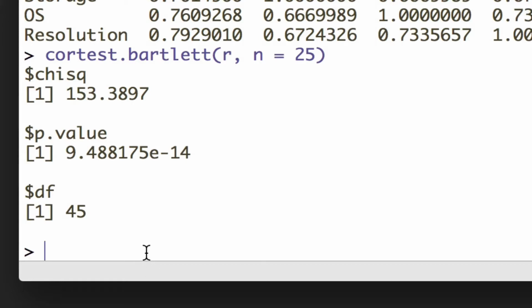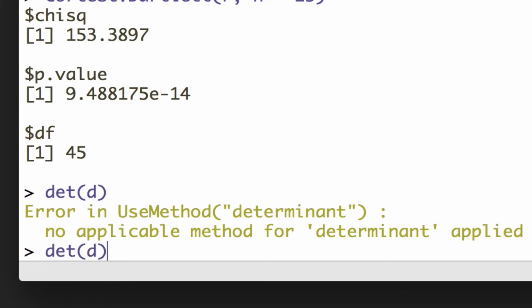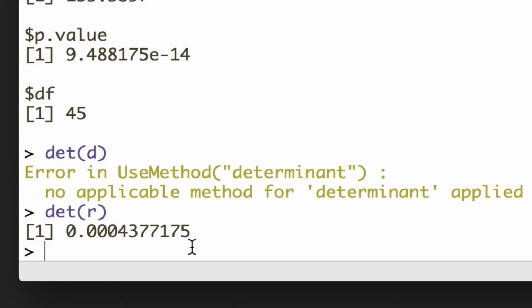There are a couple more things we need to check. One is the determinant, which we can get from doing det, and we have to call it on the correlation matrix, and this is going to give us one number. Now, this is what I meant about it being a simple analysis. I don't really know what this means.